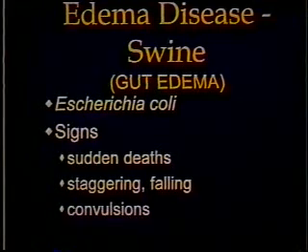The signs then may be sudden death, dehydration, the failure to properly grow, and in the case of swine, there is a specific syndrome known as gut edema, where there is a swelling of the tissues of the stomach, as is shown in this case, and this frequently results in the death of the affected pig.